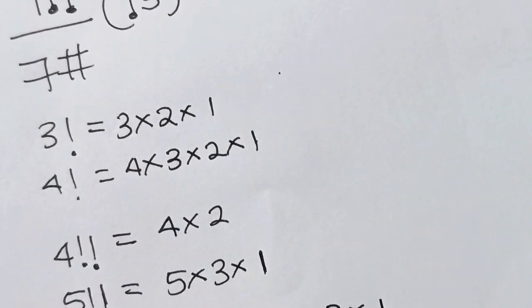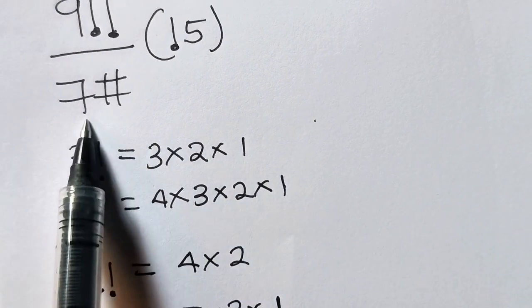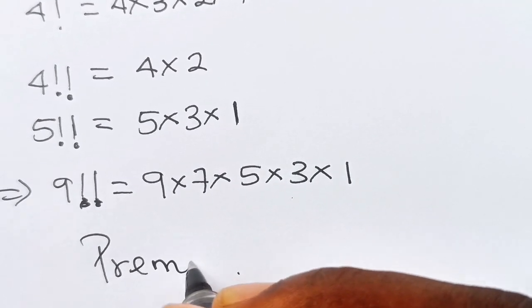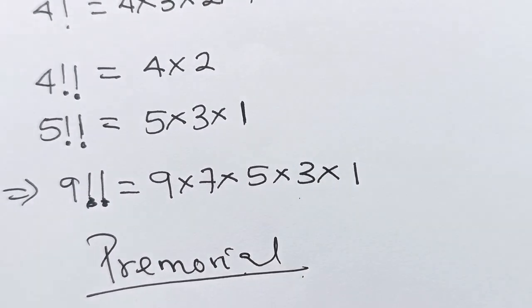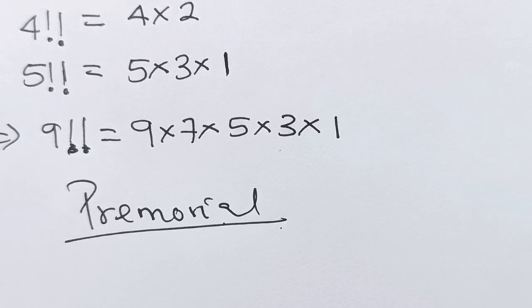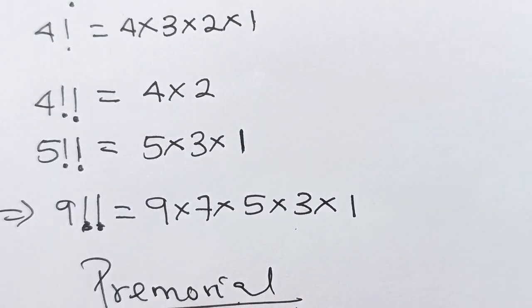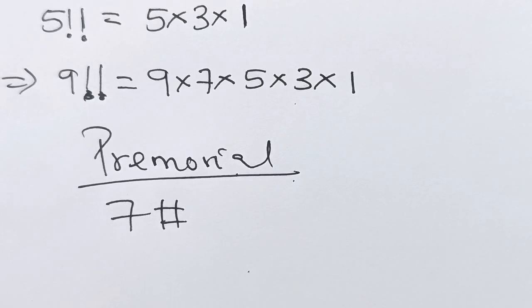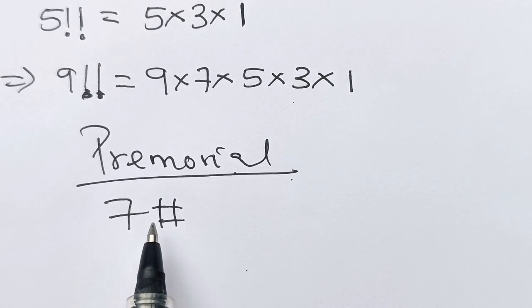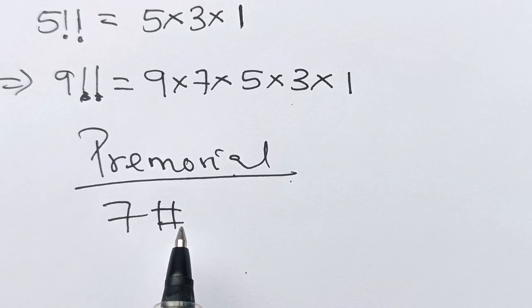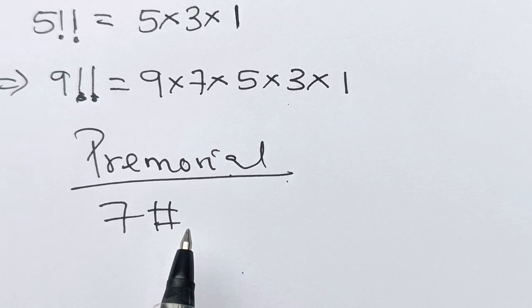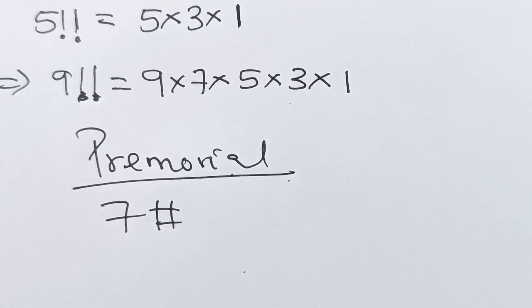Now let's talk about 7 primorial. 7 primorial simply means the product of all prime numbers from 7 to 1.